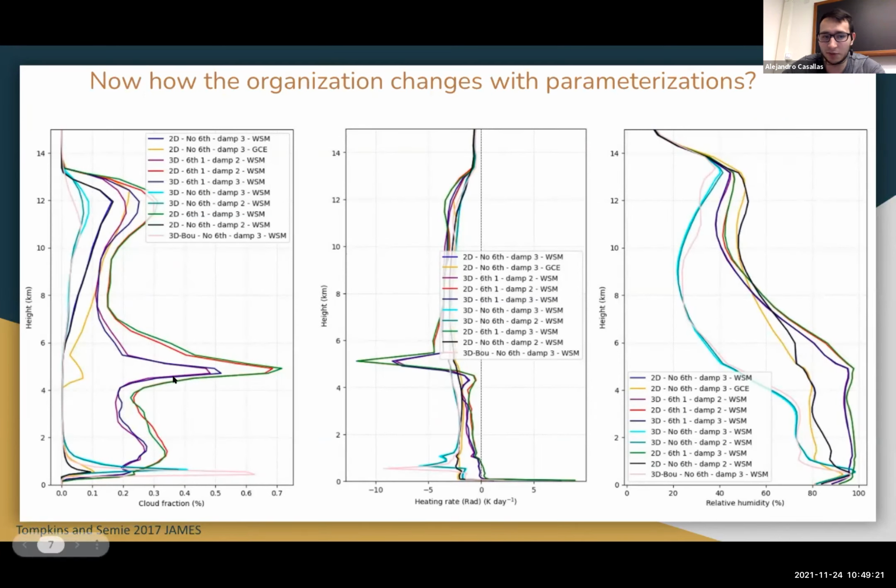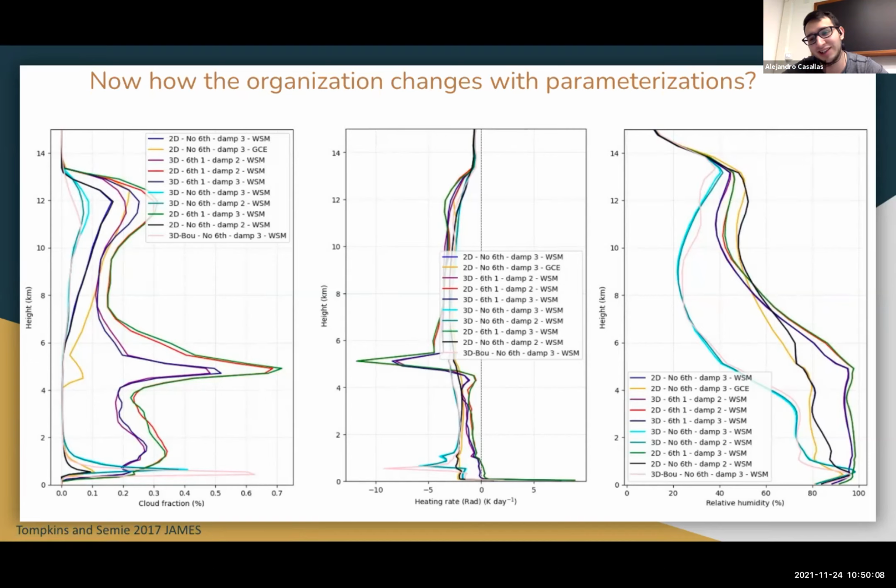And in fact, in Thompson, you remove it because Thompson has too much ice and snow. And when that happens, almost all the domain is covered in cloud. So in the lower troposphere, you get a lot of outdrafts that then are removed in the upper troposphere. So you really get organization because of that feedback.